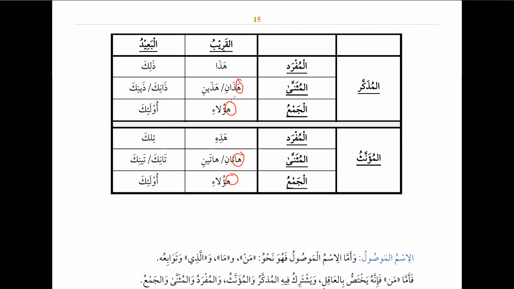These are additional letters. The real demonstrative noun is the. Okay, the. Now in order to make it two, we added an alif noon here, hakada. Here the real demonstrative noun is ulai. That's the real demonstrative noun.